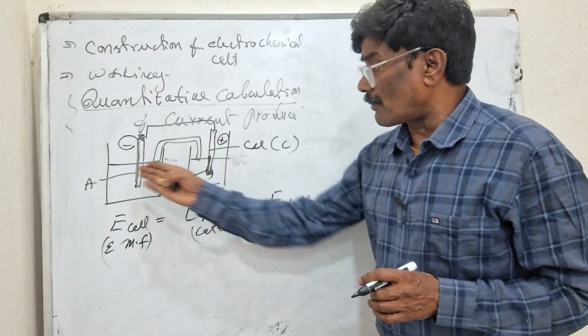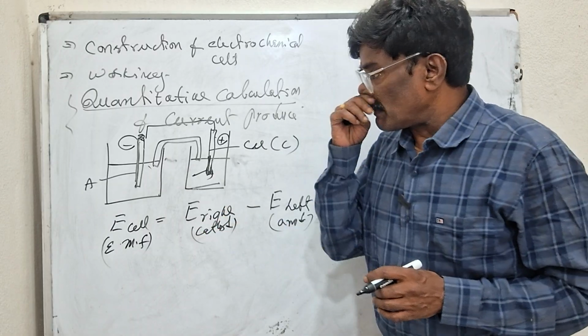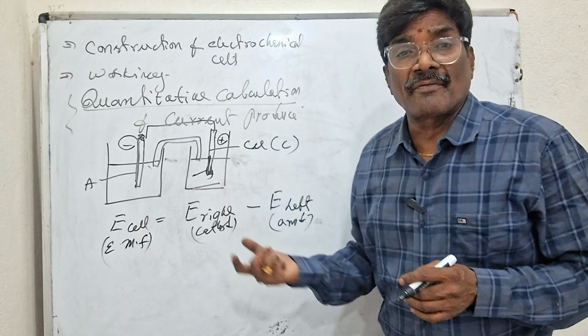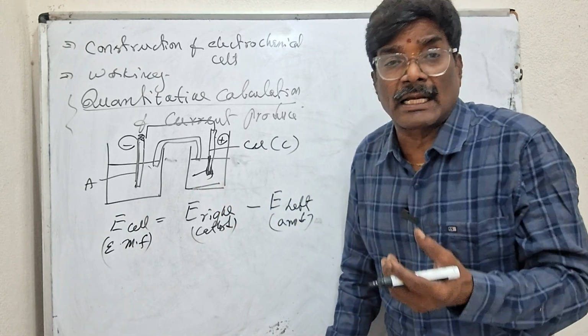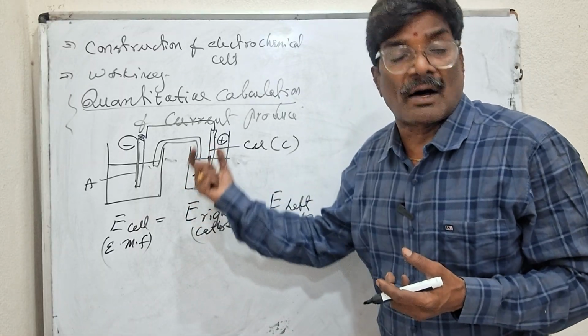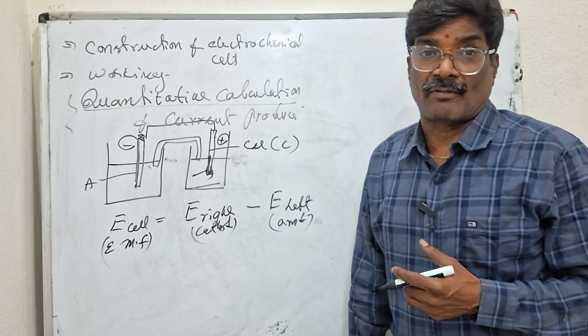We are not talking about the concentrations. And one more problem is that we cannot calculate the potential of an individual electrode independently. Then we should have some other method to calculate. What is that?